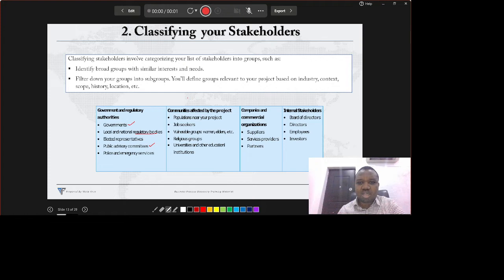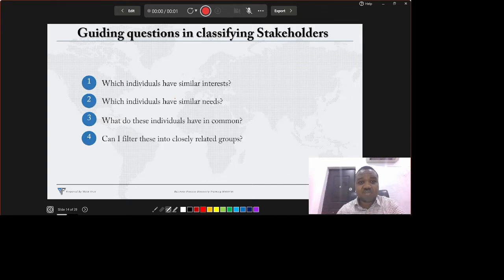Could be the industry they are in. It could be other attributes: age, size, interest level, location, the role, and so on and so forth. So this allows you to manage them effectively.